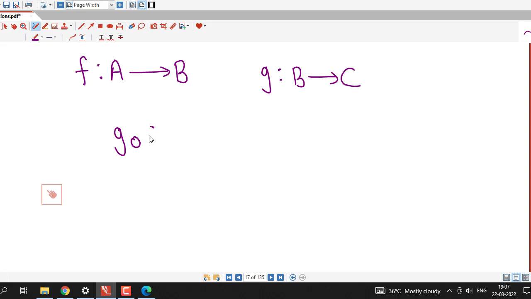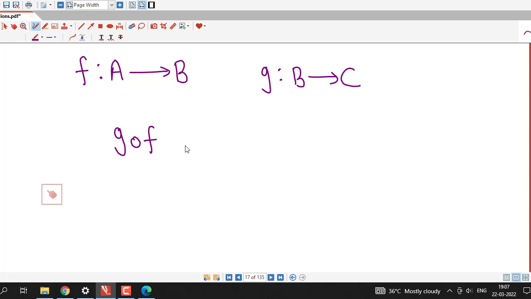Now suppose I want to give the definition of composition of two functions f and g. Then suppose I consider f as a function from set A to B. Then if I consider g from B to some other set C, then I can define g∘f.